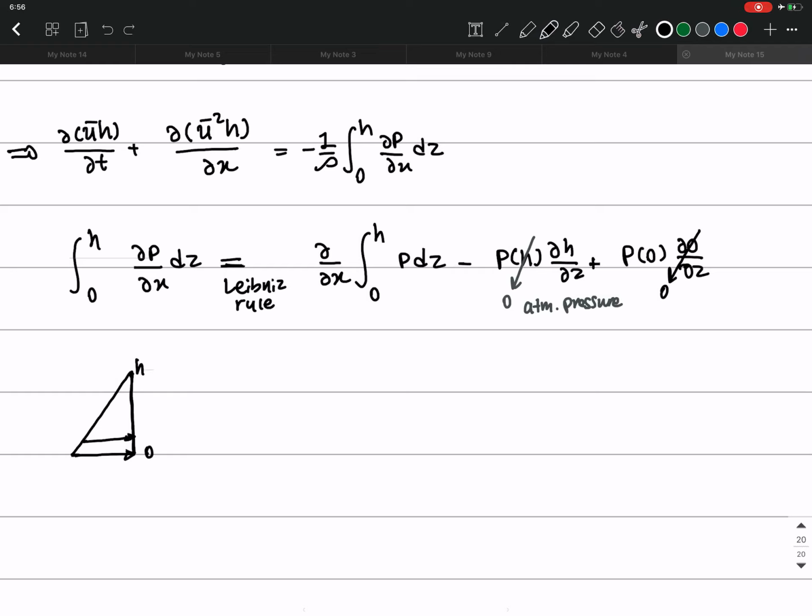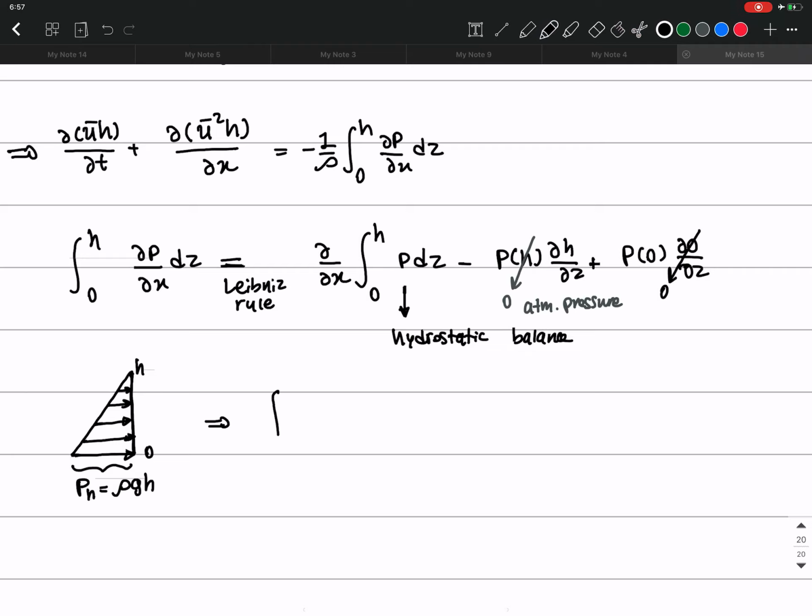This is the hydrostatic balance, so P at H is going to be rho g H. So now I want to calculate this integral.